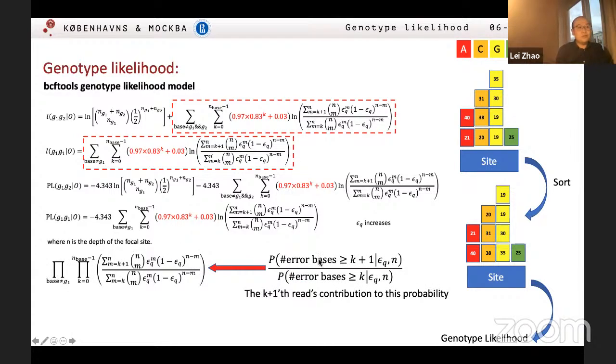So if we forget the 0.97 multiplied by this kind of thing, and just look at this part and this part, it basically means that if the number of error reads is larger, and when I say error reads, I mean suppose you observe A but you see a C here, so the C is an error base. The probability that the number of error bases is larger than K plus 1, and this is the probability that the number of error reads is larger than K. And this describes the contribution of the K plus 1th read to the probability.